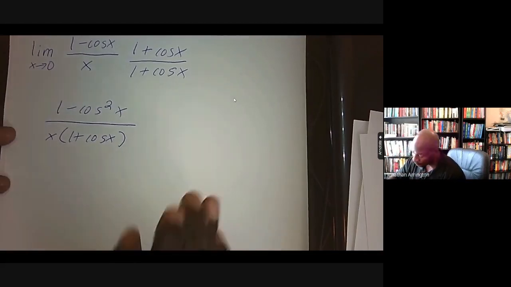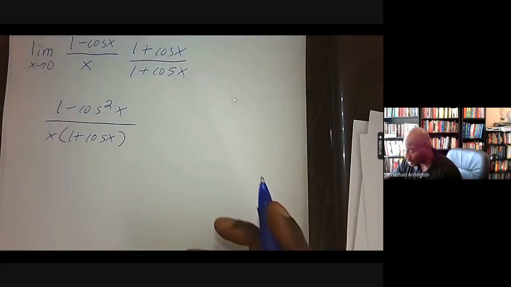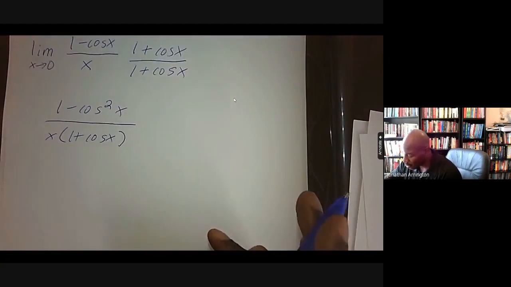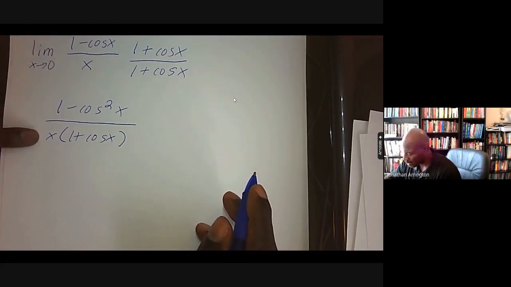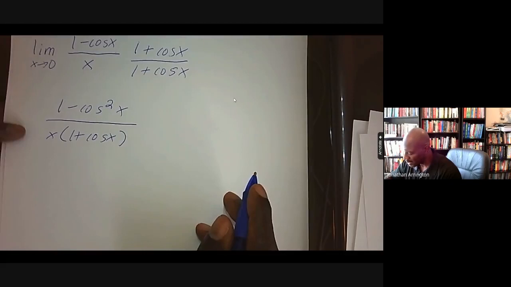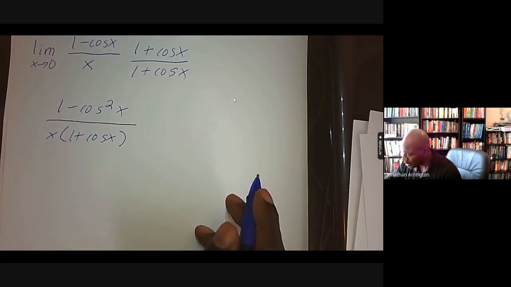All right. So right now what you see, and again, the whole problem with this guy is that you have this x down here. That's the issue, that you have this x down there.